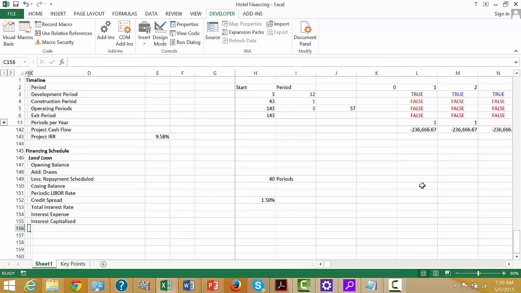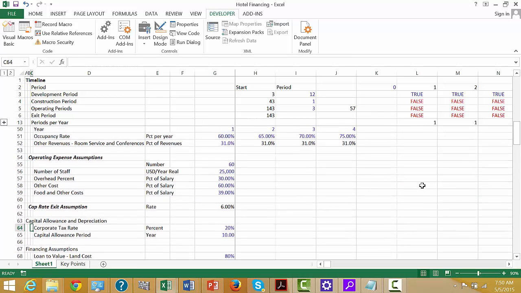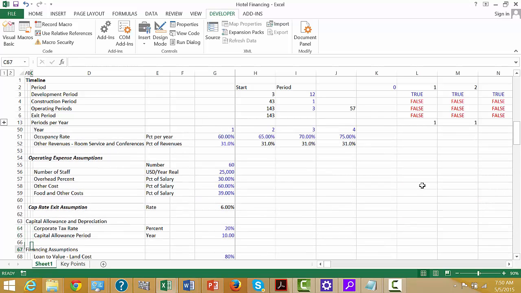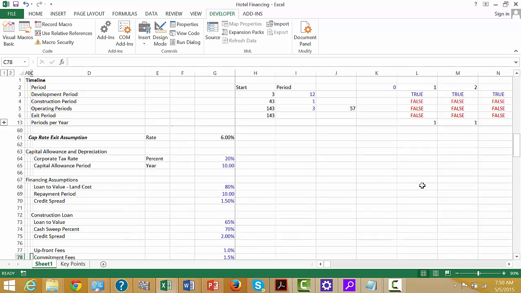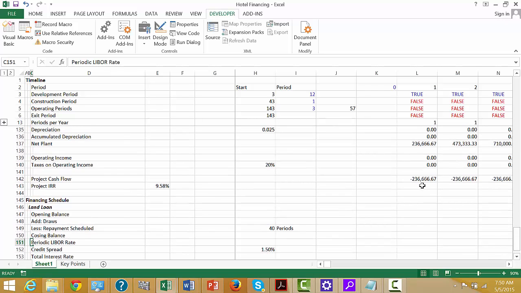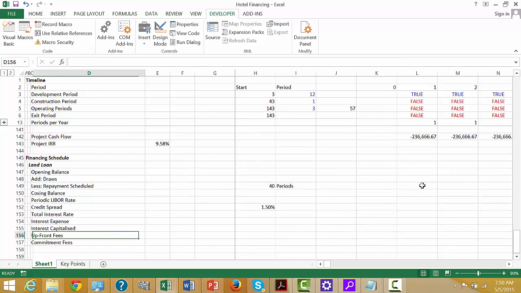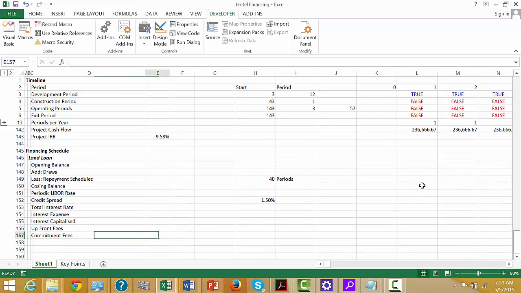Did we put any fees on this one? For some reason, I didn't bother to put any fees on this one, but I'll put the upfront fees and the commitment fees on both of these. I'm going to have a circular reference with these on the construction loan with commitment fees.